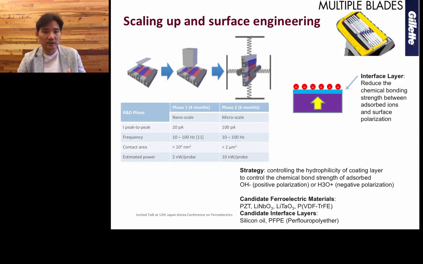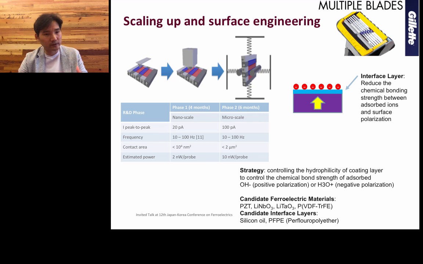Now we are in the stage of scaling up our technology from the AFM tip to something that is macro scale, and we are also trying to adapt the surface coating technology used for hard disk drives, where they use PFPE to lubricate the surface. That's also analogous to the shaving industry, where you put a lotion to shave your beards, also doing multiple blades with atomic radius, so you can apply high pressure over a large area and do multiple blades to get more and more charge from the surface.